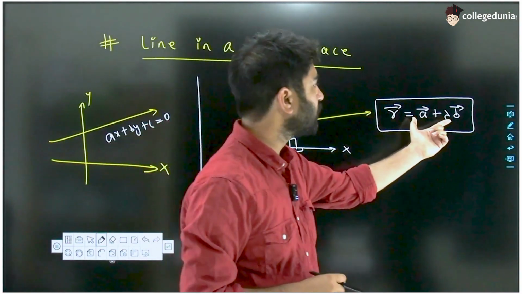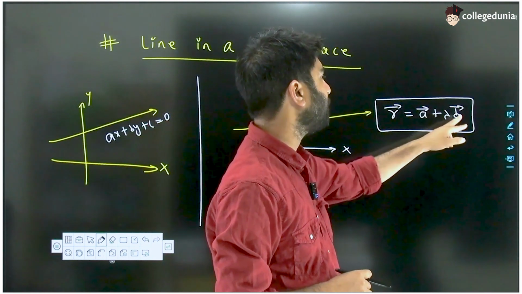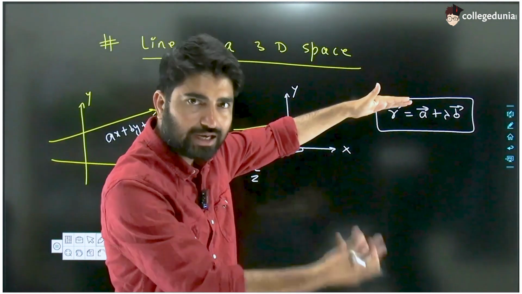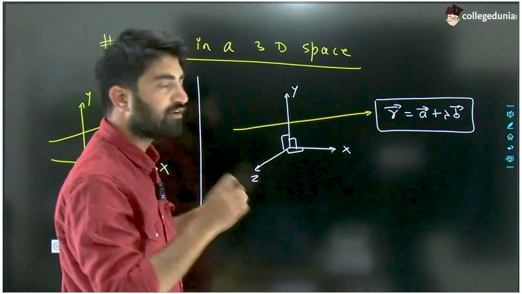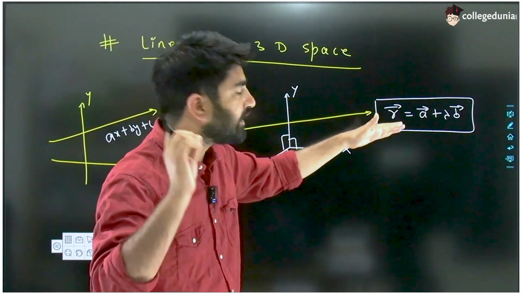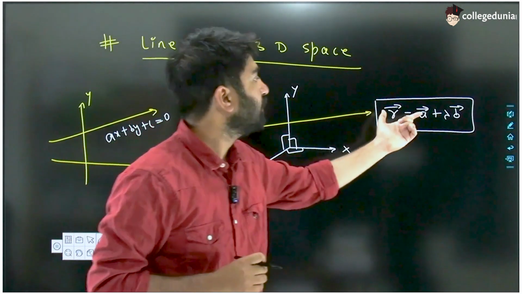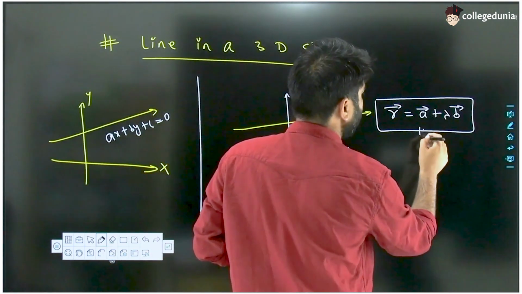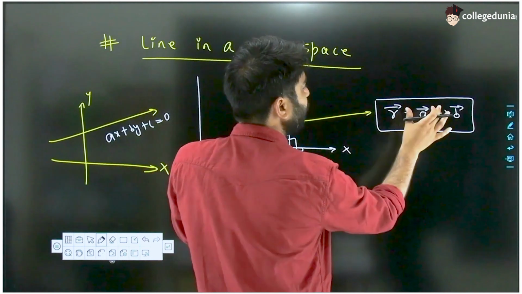This equation contains some vectors, a vector, b vector, r vector. This terminology will be discussed later in this video, okay? But first of all, we need to understand that every straight line will be in this form, okay? This straight line is represented in the form of vectors.